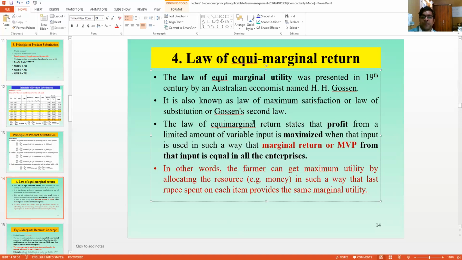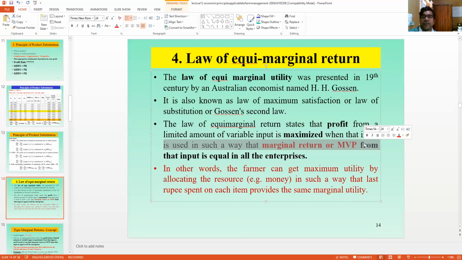So now what is the principle behind this law? The profit from a limited amount of variable input can be maximized. From a scarce resource, the profit can be maximized. How come? When that input is used in such a way that MVP or marginal return of that input is equal in all the cases. The farmer has got three enterprises, paddy, livestock, cumin, for example.